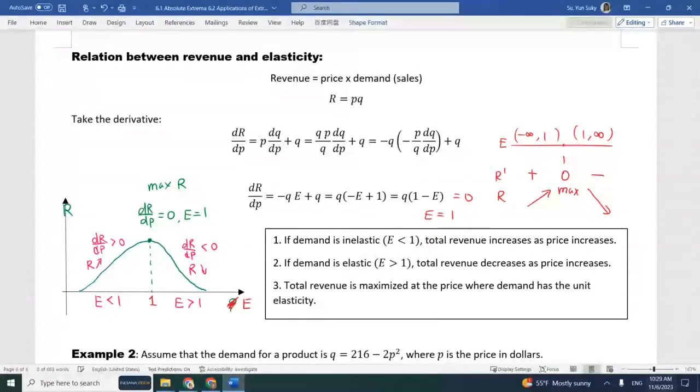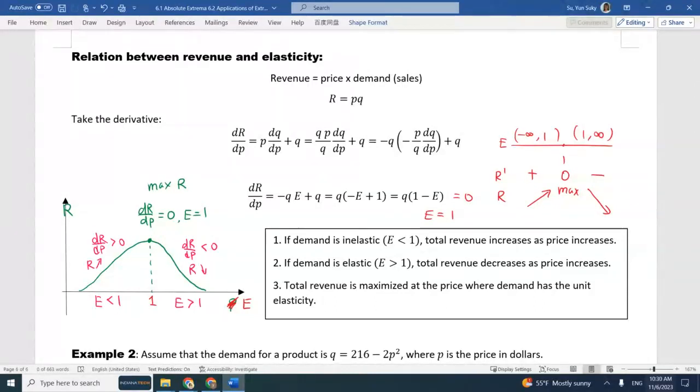This is the maximum. Therefore, if the demand is inelastic, that means E is less than 1, then less than 1 is here. Our revenue increases as price increases.